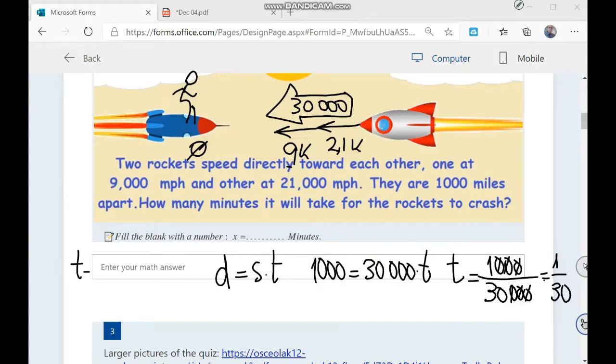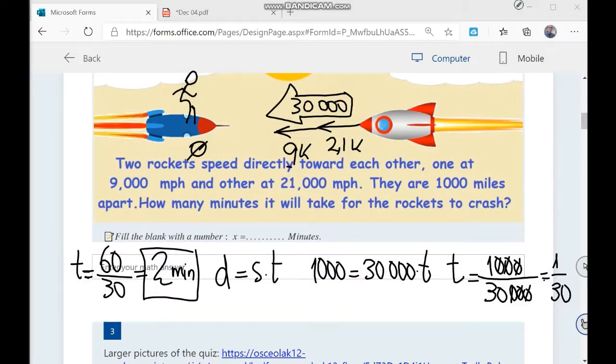How many minutes does 1 hour have? 60 minutes. So 1 hour divided by 30 equals 60 minutes divided by 30, which is 2 minutes. That's right, Iwi. The answer is 2 minutes. Thank you, Iwi. The answer is 2 minutes.